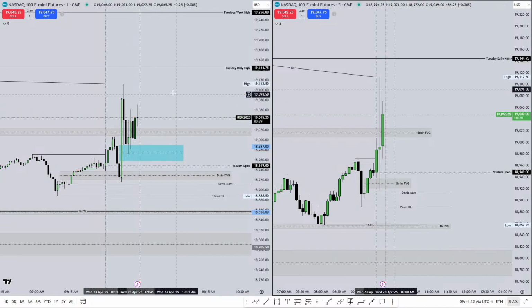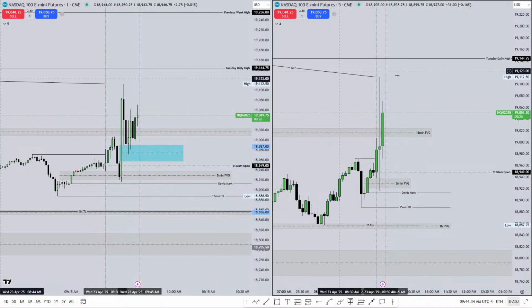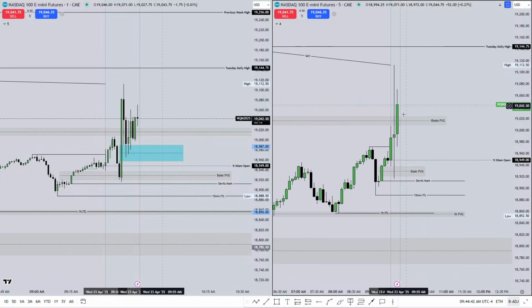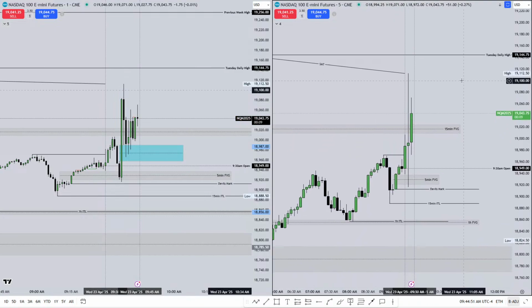All right, so we got news in 30 seconds here. I want to see if it's going to run aggressively lower and take all of this out, or if it's going to go higher, take out buy side first.